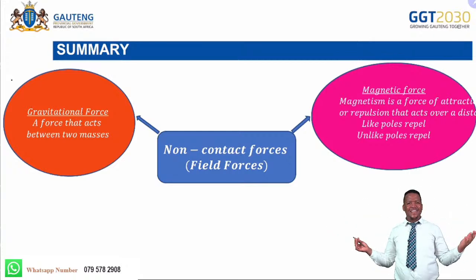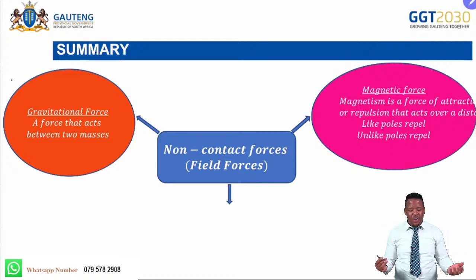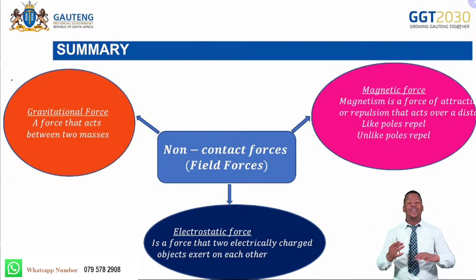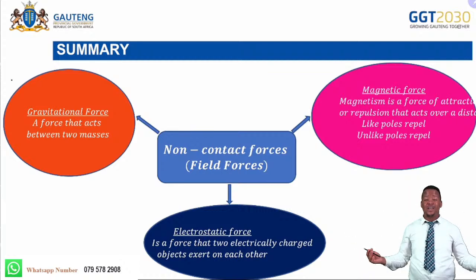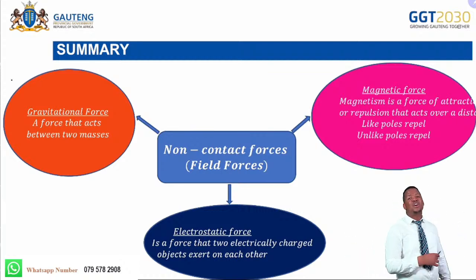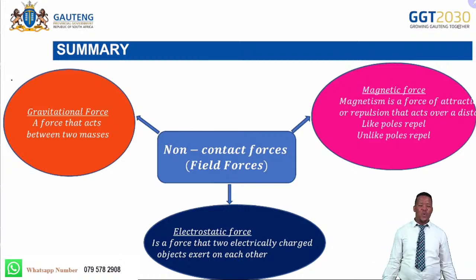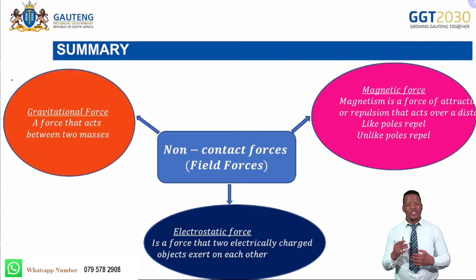And lastly, we have electrostatic force, which is a force that two electrically charged objects exert on each other. So we learned about non-contact force: the gravitational force, the magnetic force, and the electrostatic force. That's where we conclude our lesson for today.